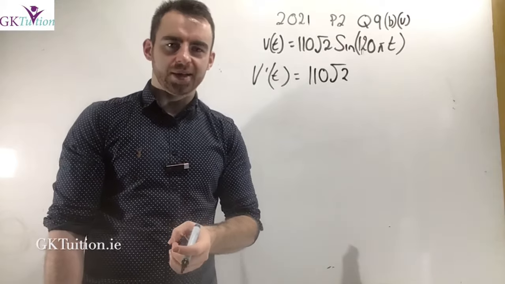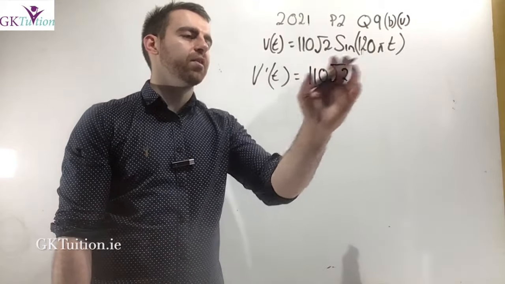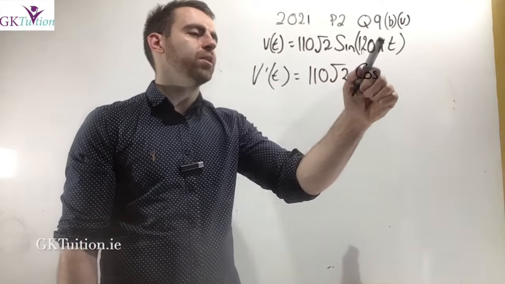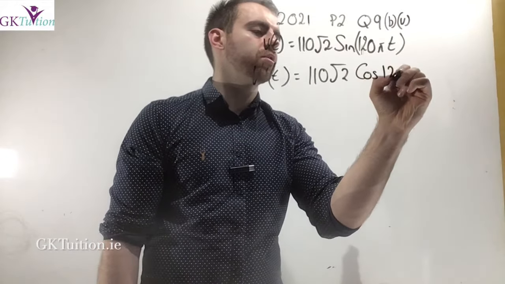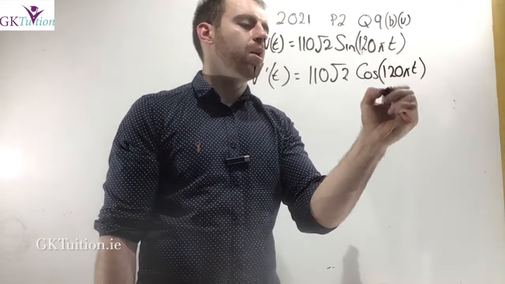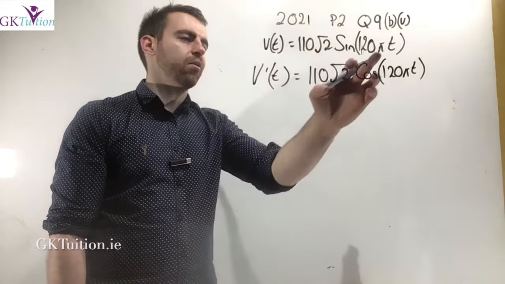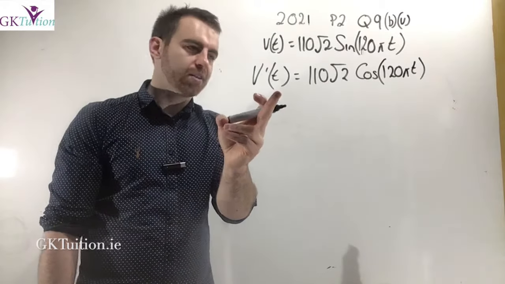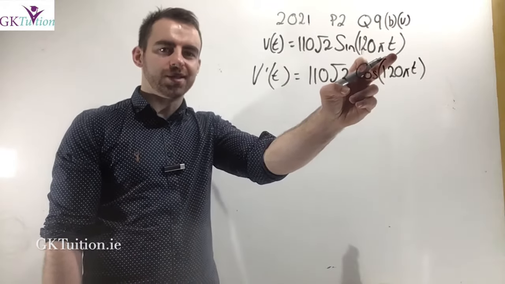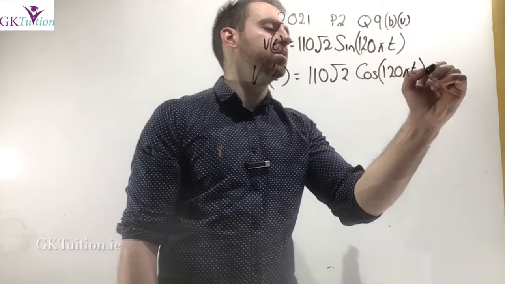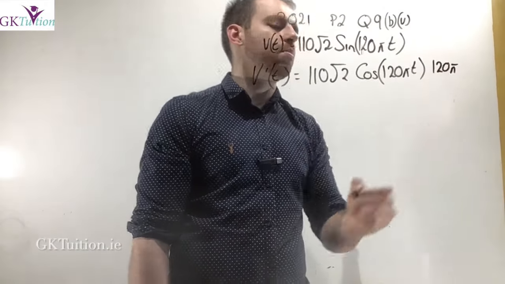Now, according to the maths tables, the derivative of sine of an angle simply becomes cos of that angle. So sine 120 pi t becomes cos 120 pi t. But then we have to multiply by the derivative of the angle. And remember, the t is like our x here, so we're differentiating with respect to t. The derivative of 120 pi t will simply be 120 pi.